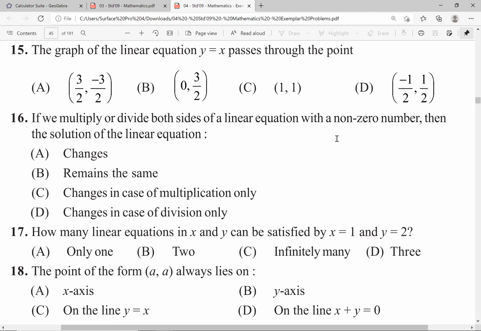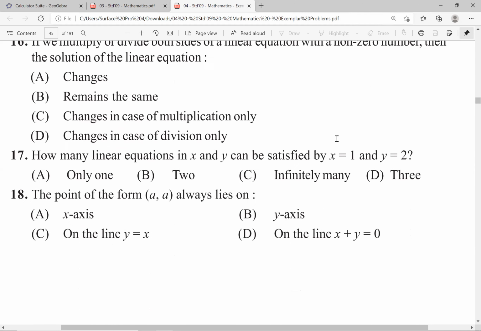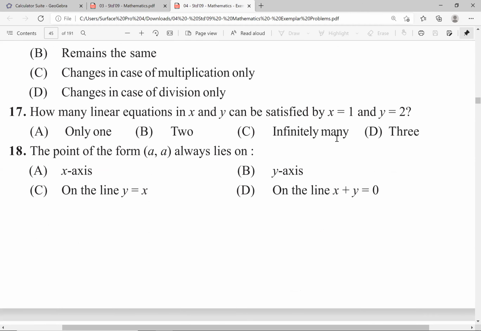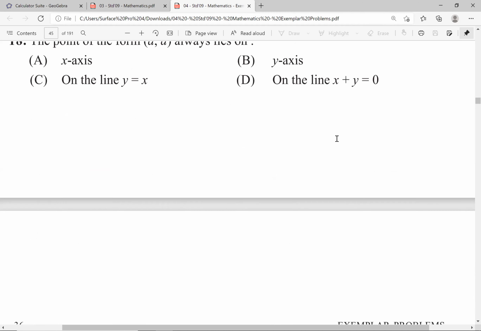So we can see that it's only in the C option that both x and y coordinates are the same. I think we did the 16th one in one of the previous lessons, so I'm going to move on.